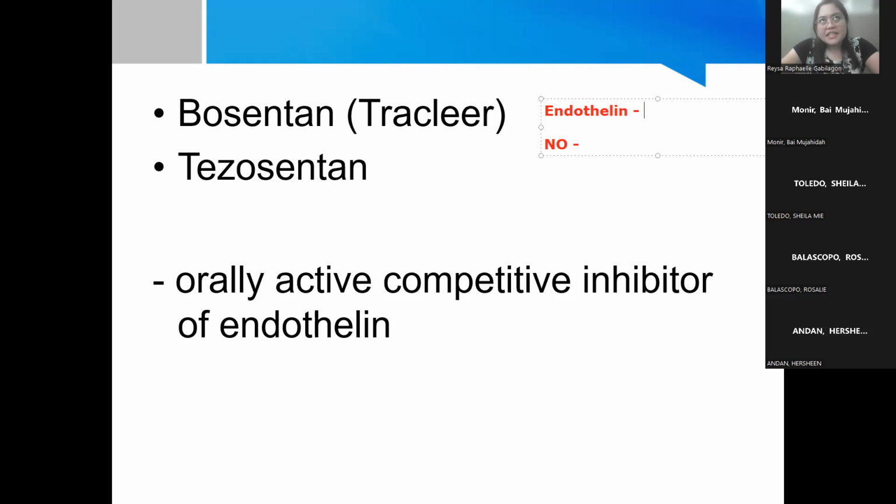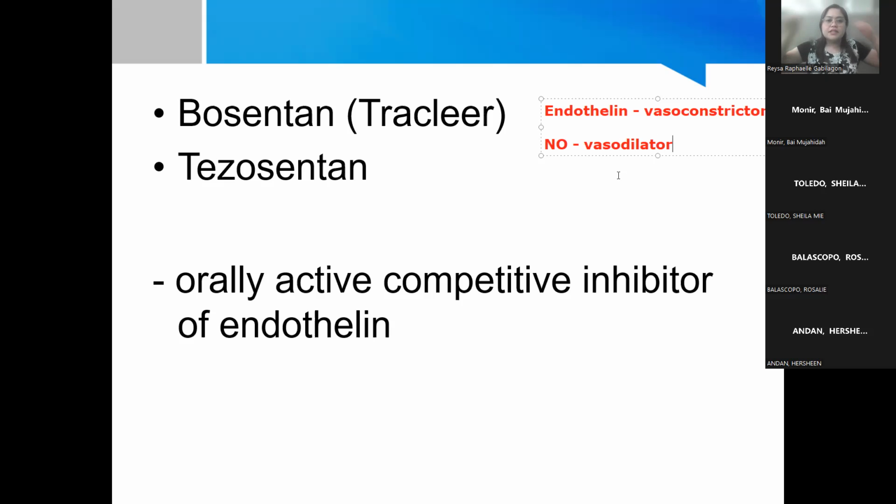Similarity pa pala muna. Similarity is they are vasoactive. When you say vasoactive, they have an activity on the blood vessels directly. Okay? Pero endothelin is a vasoconstrictor, while NO, nitric oxide, is a vasodilator. So yan yung kaibahan nila.